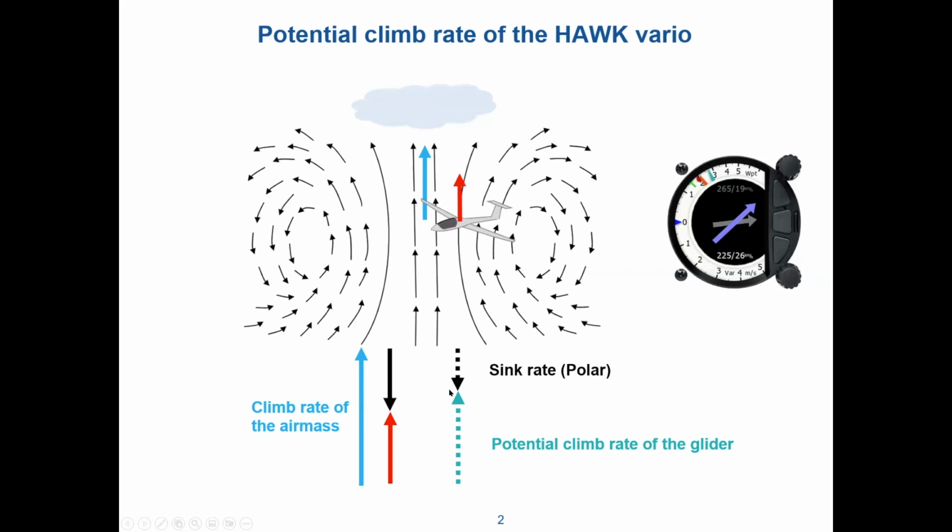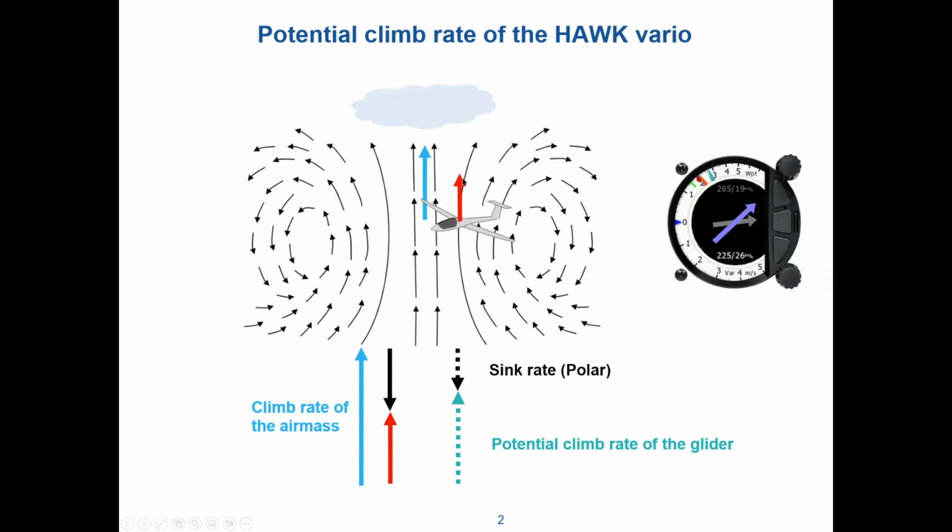As I said before, you're mostly interested not in the potential climb rate, but if the potential climb rate is much larger than the climb rate of the tech vario, then there is information which is very important or useful to use. But of course, I first need to say what the tech vario does. The tech vario measures with a totally different principle the climb rate of the glider.